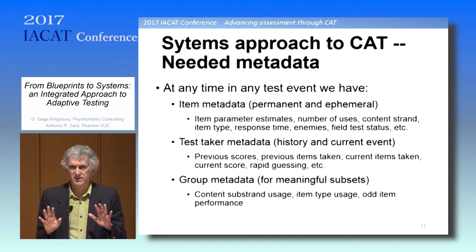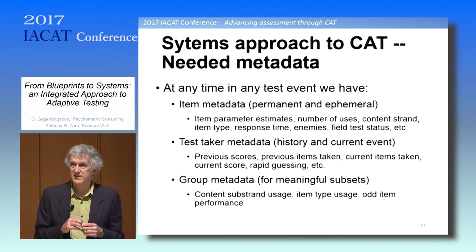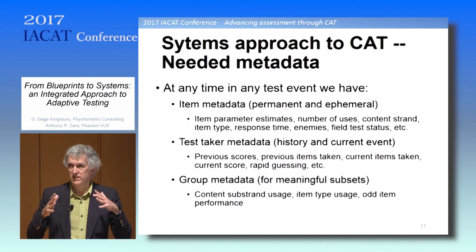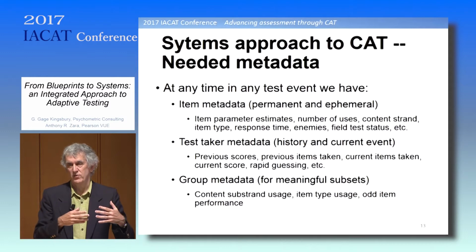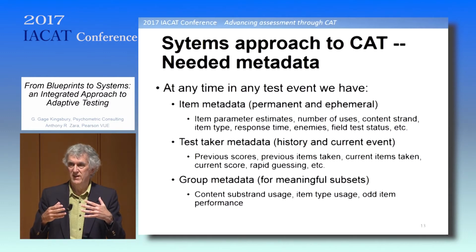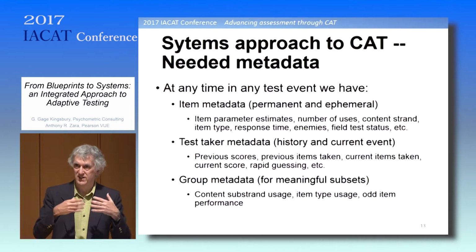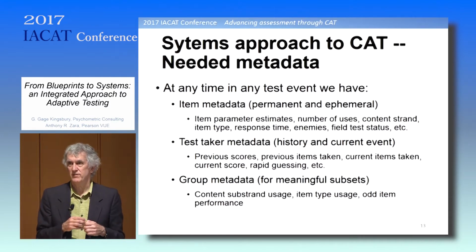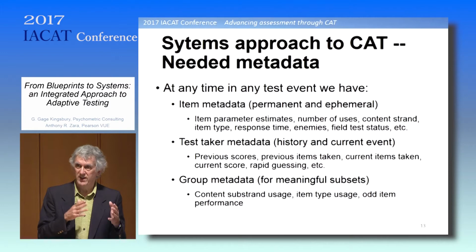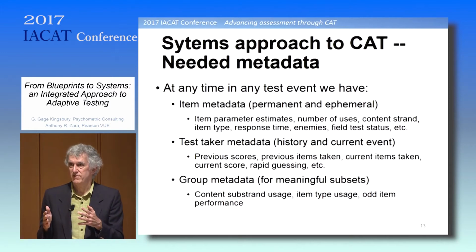So that gives you an idea of the kinds of metadata that are and are not commonly available to your adaptive tests. And what we'd like to see is having more of that information available to the test at runtime. So an individual is taking the test in an environment, in a system, in which the system knows how often items have been administered.